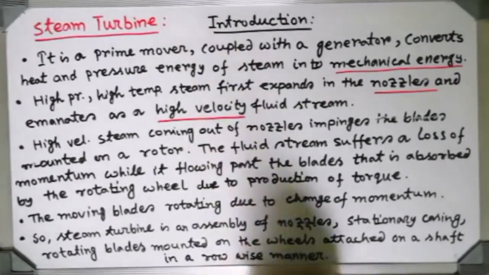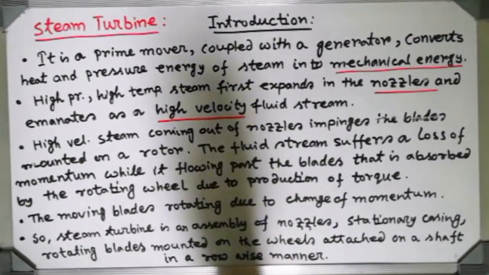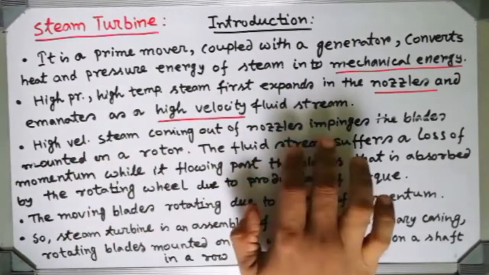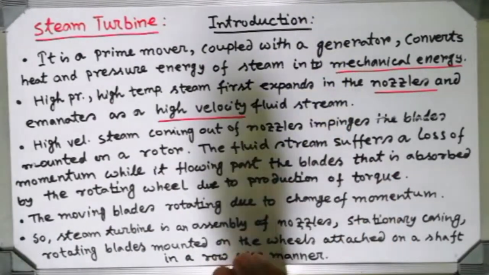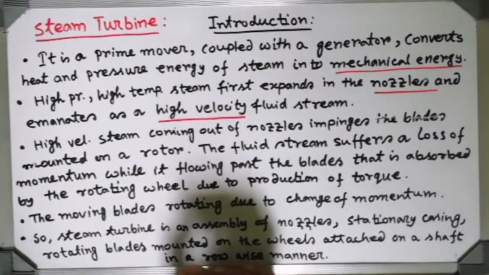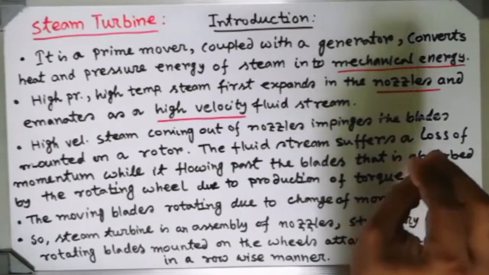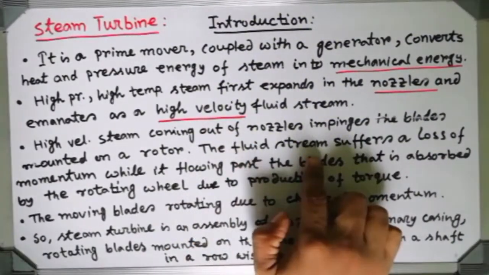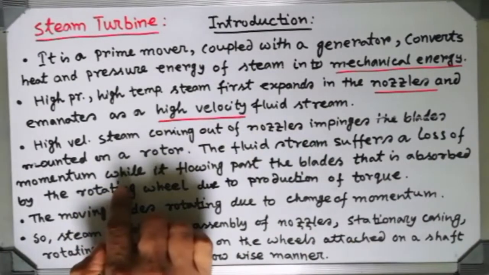Lots of blades will be there, and this high velocity steam coming out of the nozzle will impinge on the blades, it will strike them. Those blades are mounted on a rotor, and the fluid stream suffers a loss of momentum.